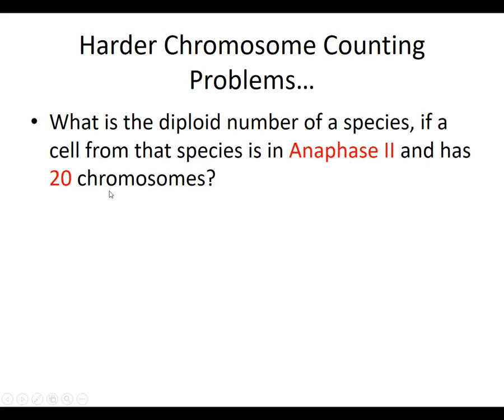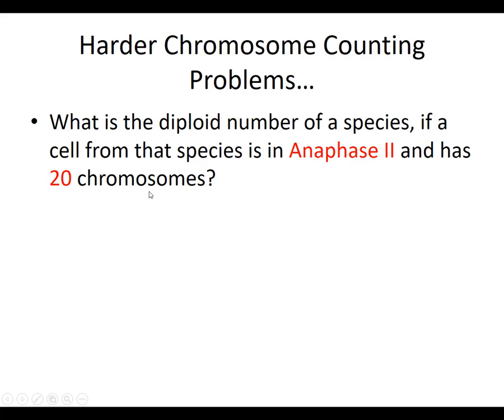But knowing that an anaphase 2 cell has monad chromosomes, an anaphase 2 cell has a doubled number of chromosomes compared to a metaphase II cell. A metaphase II cell is a haploid cell with dyad chromosomes. An anaphase II cell has monad chromosomes. So these 20 chromosomes in monad form were previously 10 chromosomes in dyad form.